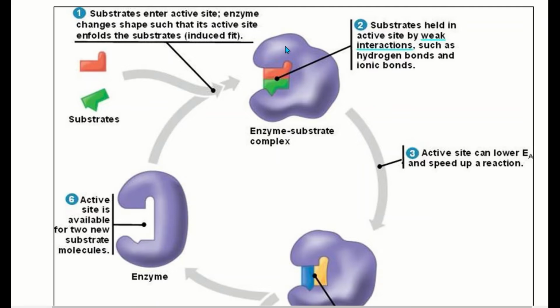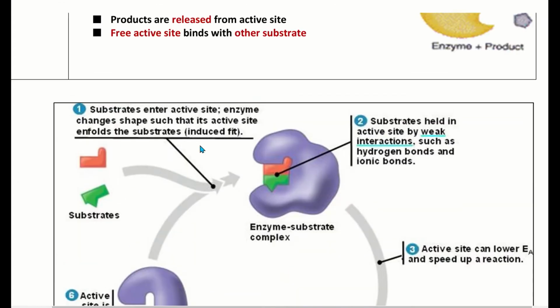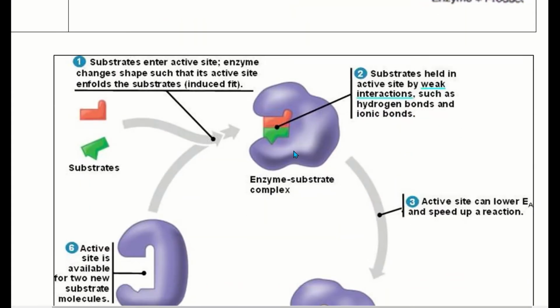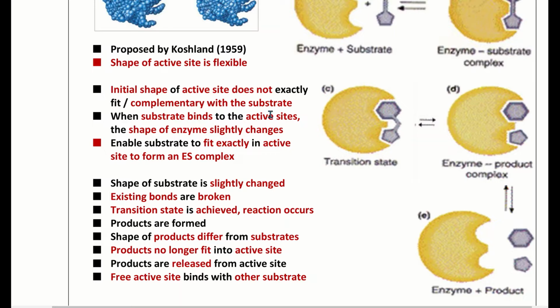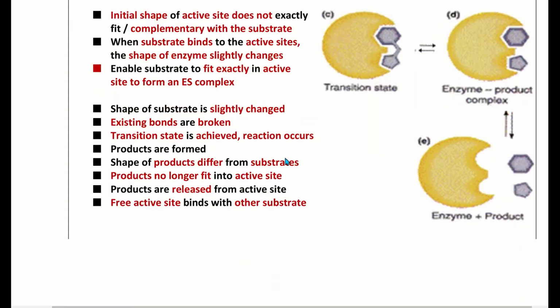Okay, enzyme changes shape such that its active site enfold the substrate. Ayat senang dia tengok yang kat atas ni. Okay, when substrate binds active site, change the shape of enzyme slightly. Okay, allow the substrate to fit exactly.